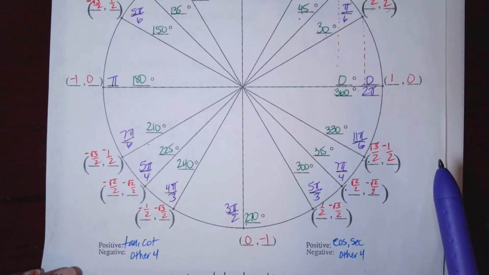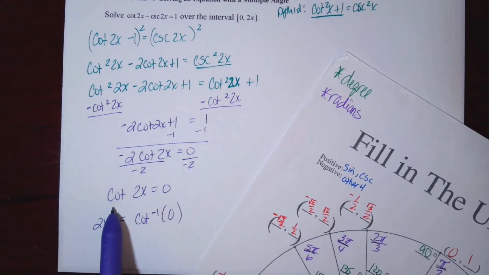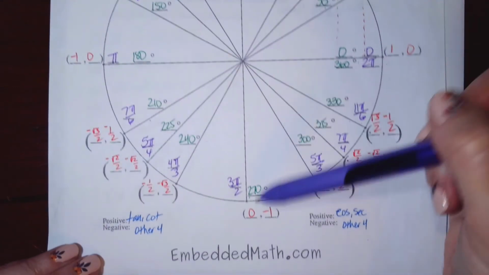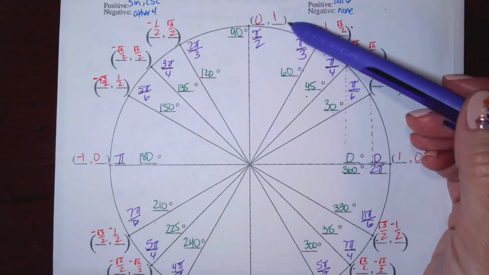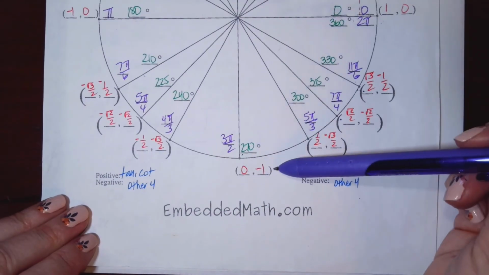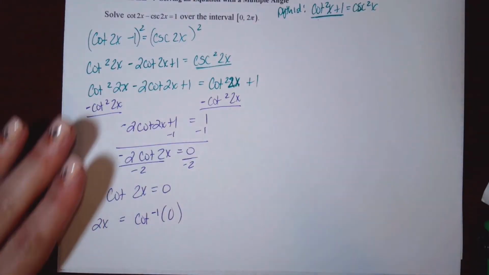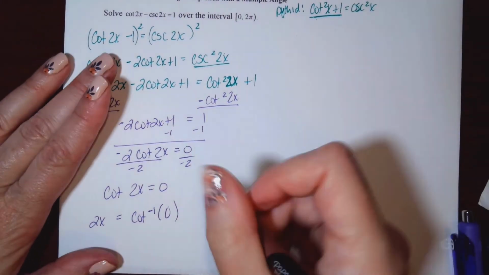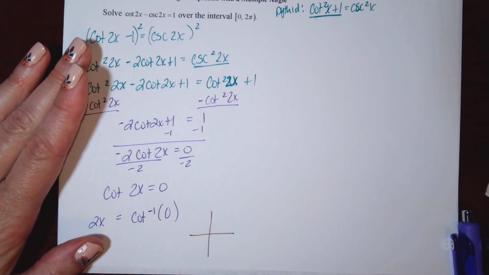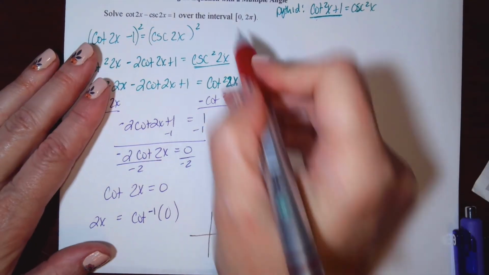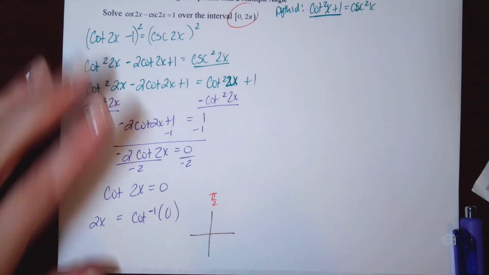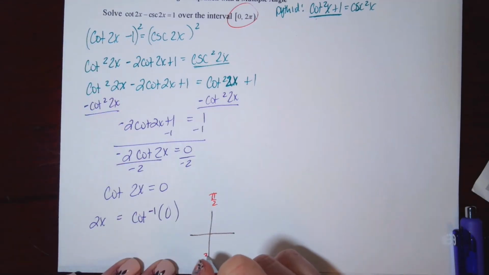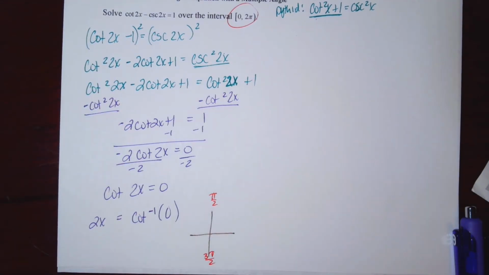Because cotangent is x over y, I'm looking at these quadrantals where x is 0. 0 over 1 is 0. 0 over negative 1 is 0. So when I'm looking at my circle, we're in radians, so I've got solutions at pi half, where cotangent is 0, and at 3 pi half, where cotangent is 0.